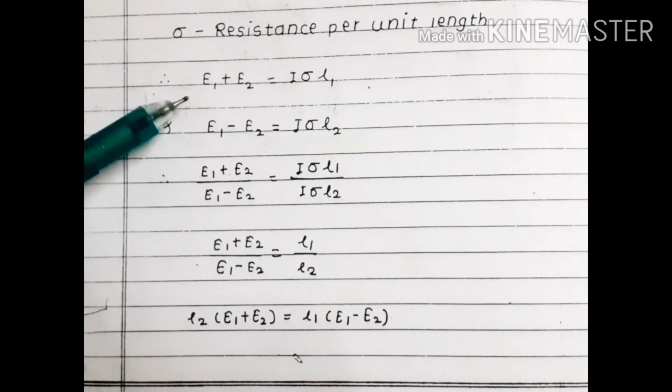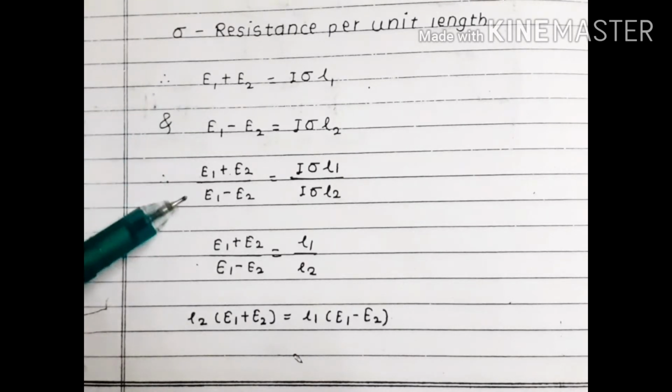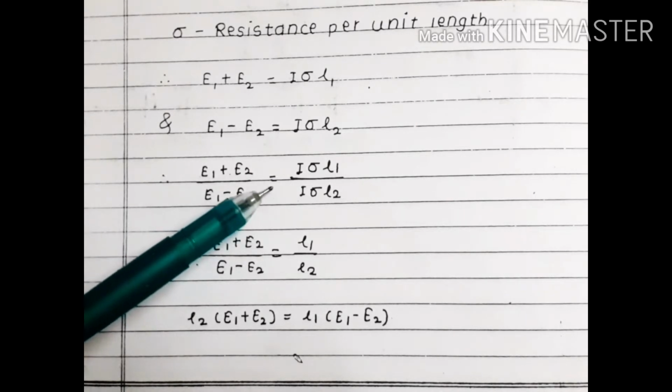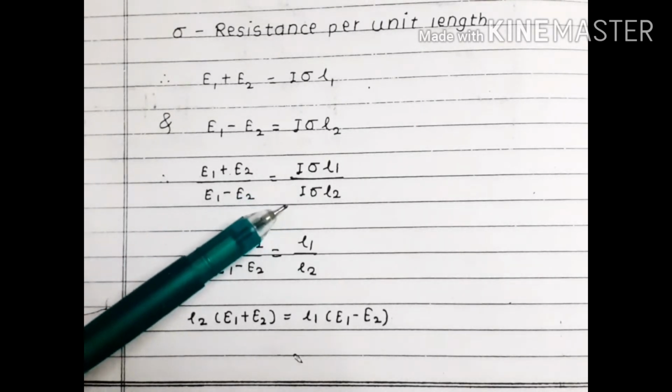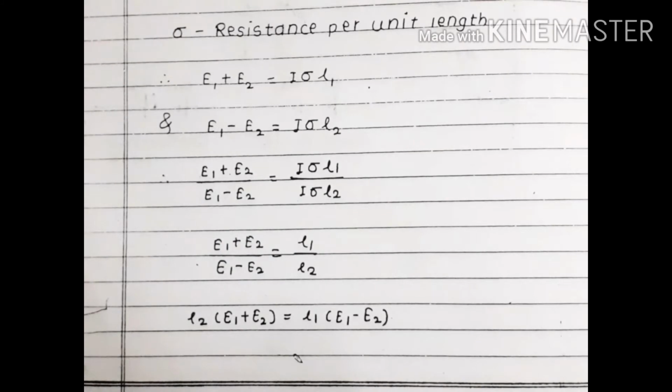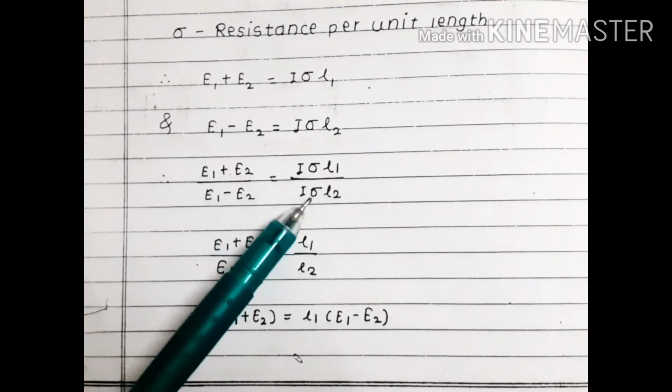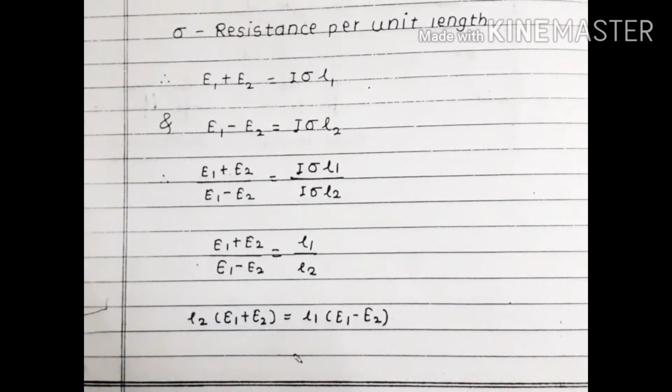By taking the ratio of these two equations, we get E1 plus E2 divided by E1 minus E2 is equal to I sigma L1 divided by I sigma L2. This I sigma and this I sigma cancel each other. Therefore, the next step, E1 plus E2 divided by E1 minus E2 is equal to L1 divided by L2.